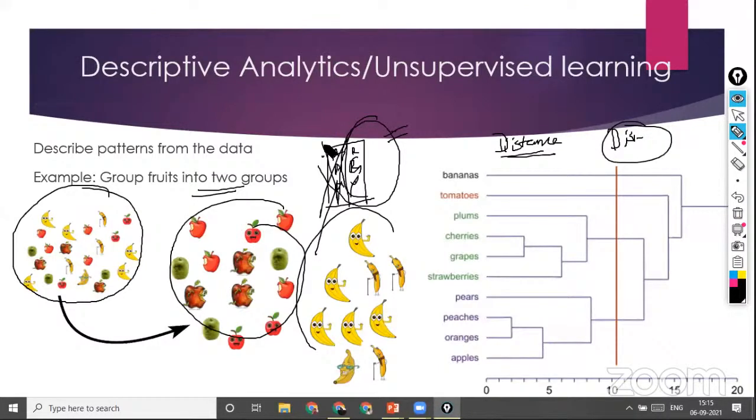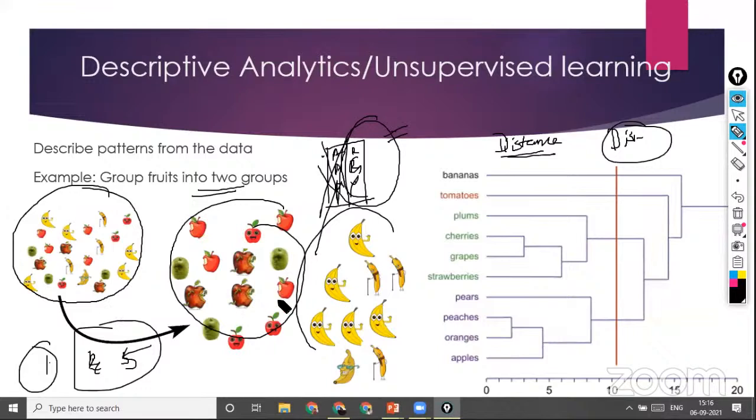Maybe with some kind of encoding: say 1 for yellow, 2 for green, and so on. Then you can use the dissimilarity matrix to group these items together.